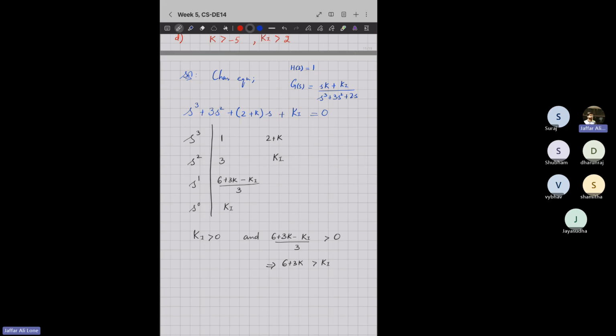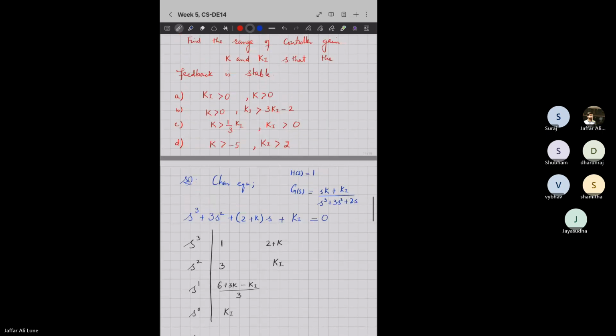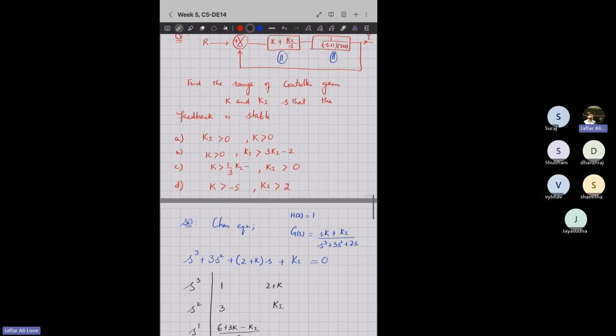It means my K should be greater than Ki by 3 minus 2. Okay, here it should be minus 2. So option C is correct.